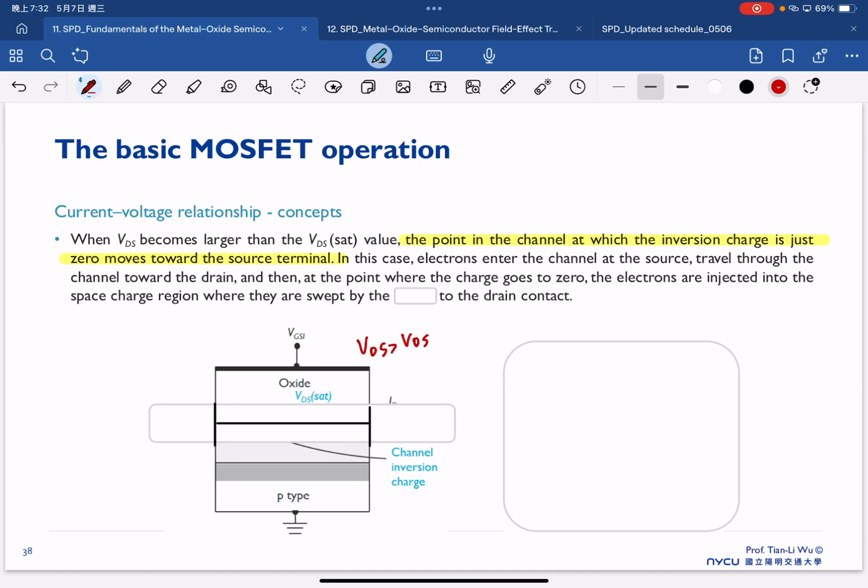And once we continuously increase our drain bias, actually we start to increase the reverse bias of our PN junction, which, if we plot the graph here, where we have the source, we have the drain, and we have the P-type substrate, and we have the gate.